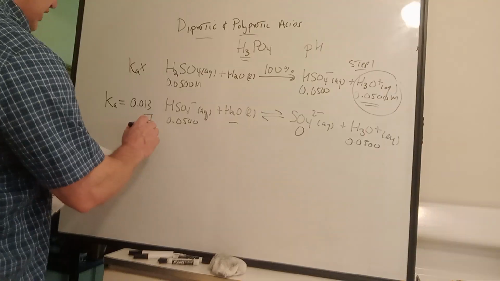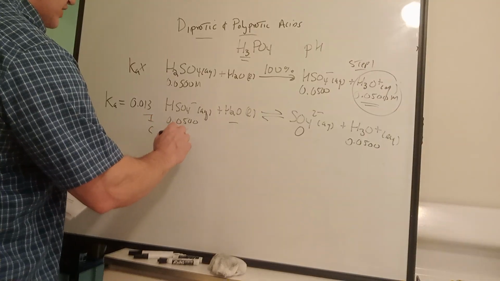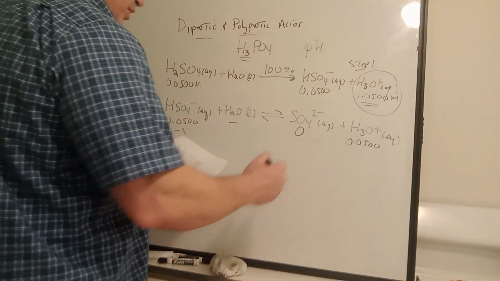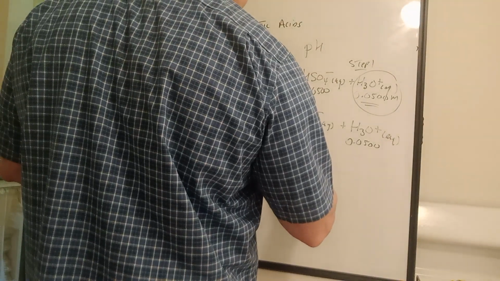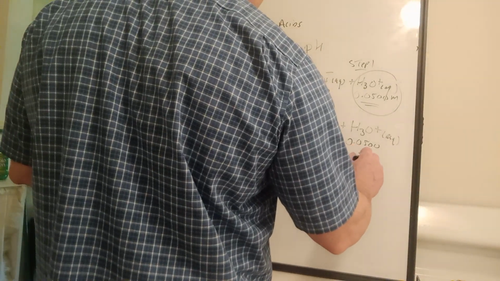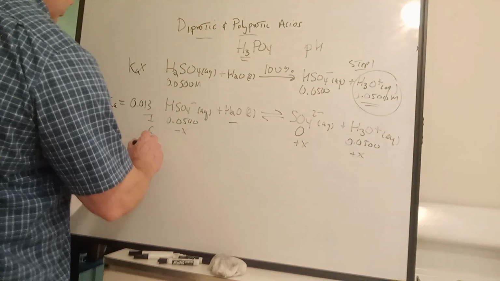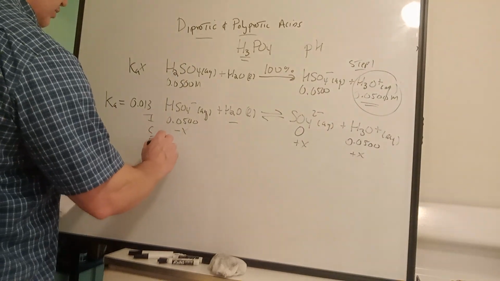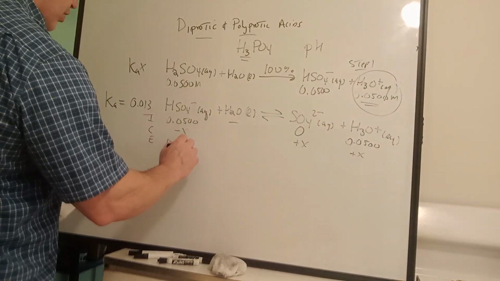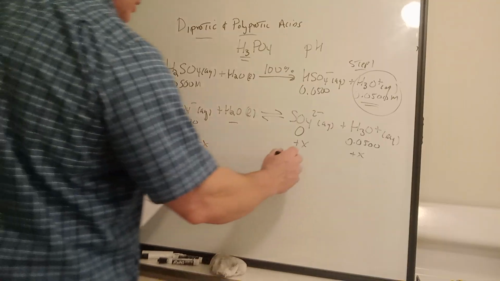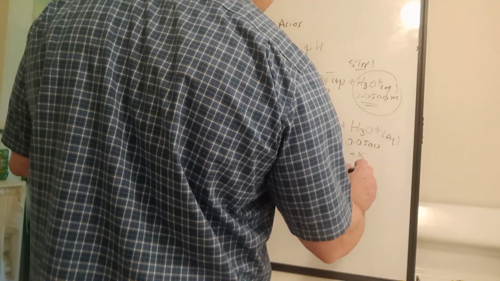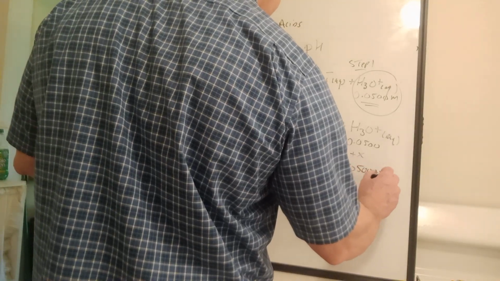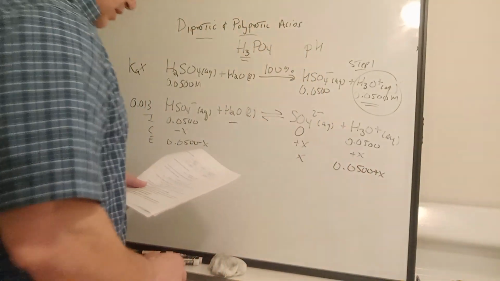On the change step, we have a minus x for the HSO4 minus, and we pick up a plus x over here. Everything's 1-to-1. At equilibrium, 0.0500 minus x, and 0.0500 plus x.